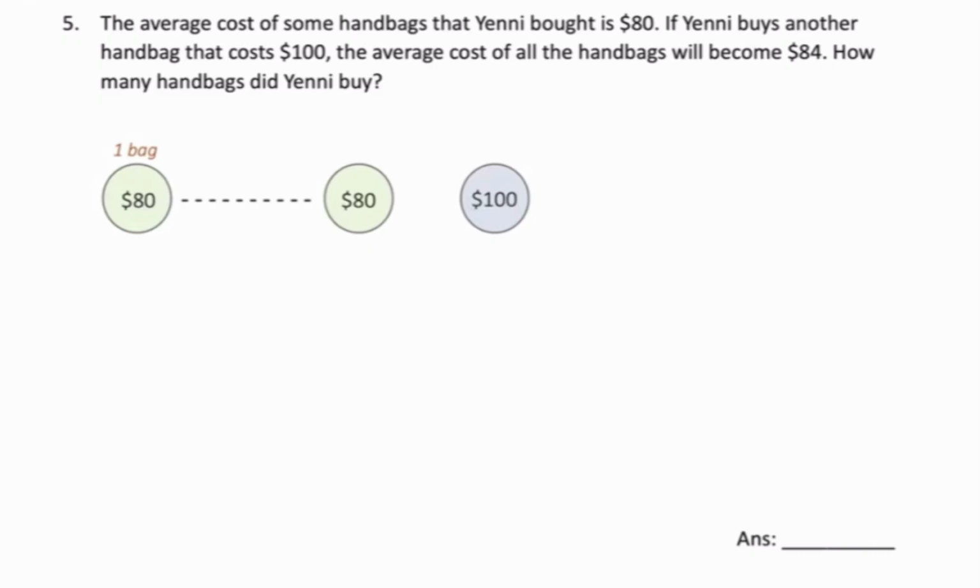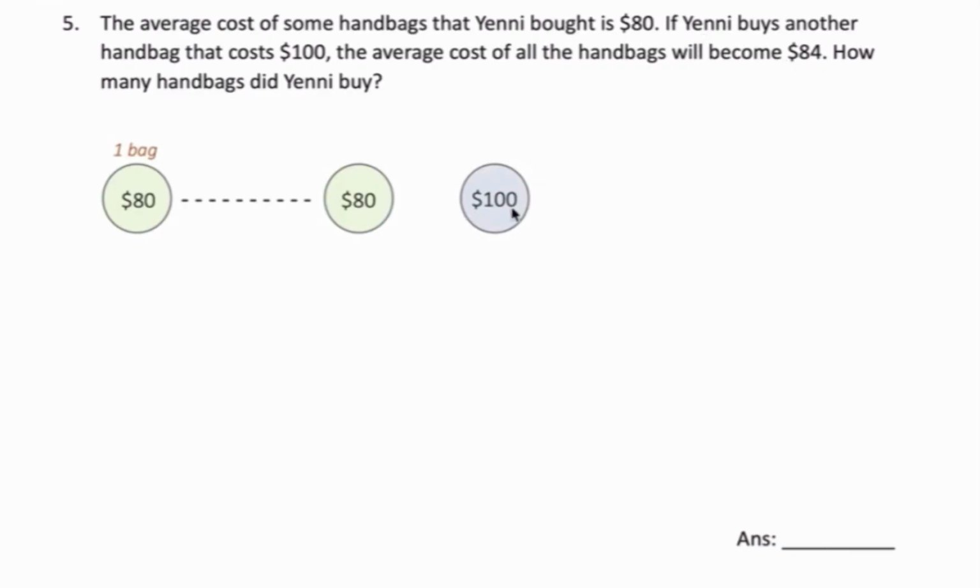Now, if you think about it, average is just a redistribution of the total value. That's why when you multiply average by the total number, you get the total value. Make sense? So the average value is basically a redistribution of the total value.